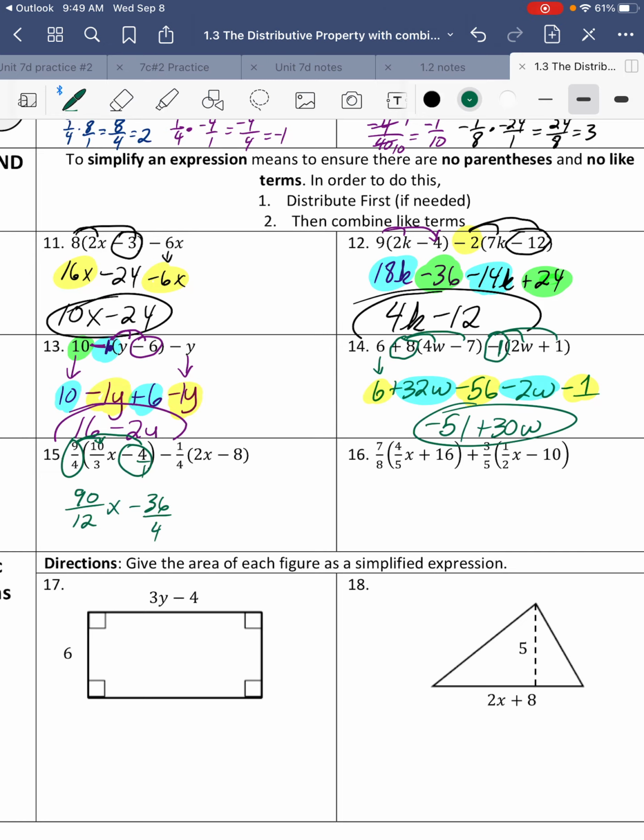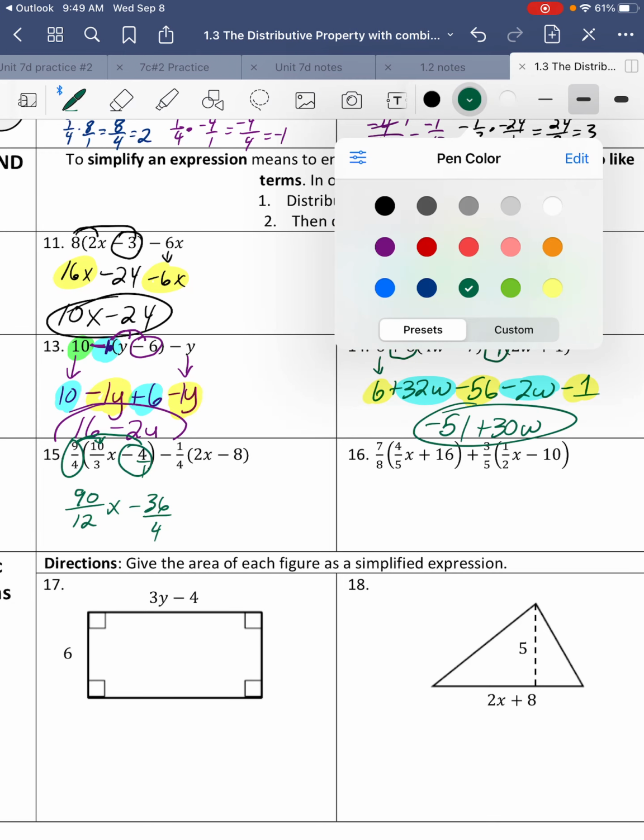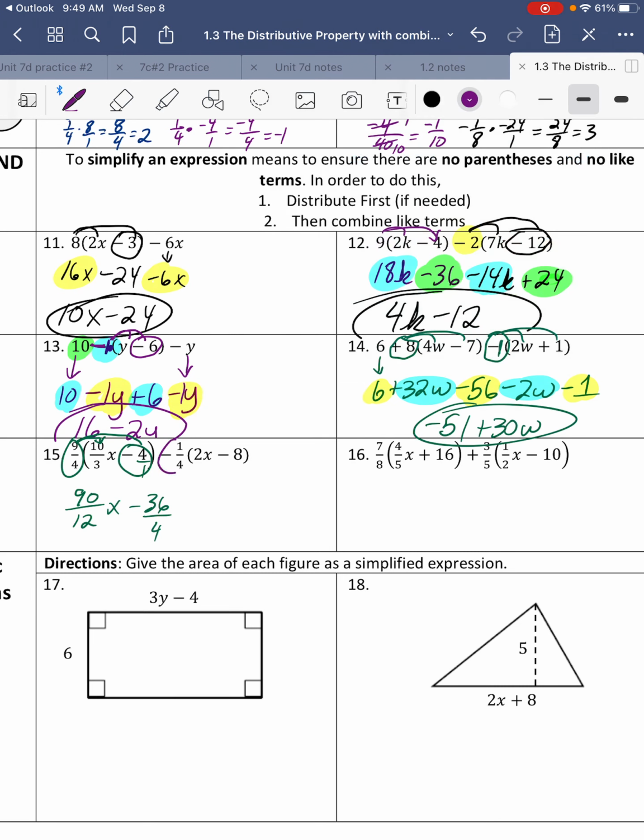So there's our first distribution. Our second one, -4 1/4 times -2. So multiply the numerators. So minus 2x over 4. Multiply the denominators. Distribute again. Multiply the numerators. Or -1 times -8 is a positive 8. 1 and 4 times 1 is 4.